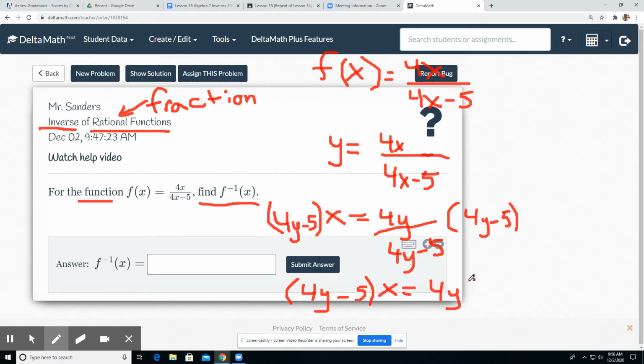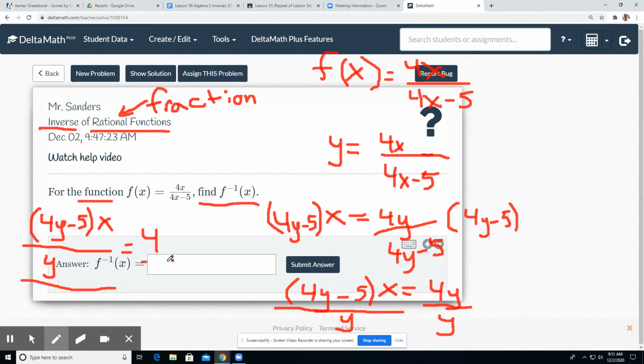Okay, and then let's see, what do I want to do? Let's divide both sides by y, I guess. I'll try it. So divide this side by y, divide this side by y. Now we have 4y minus 5 times x over y equals, we still have a 4 on the right.